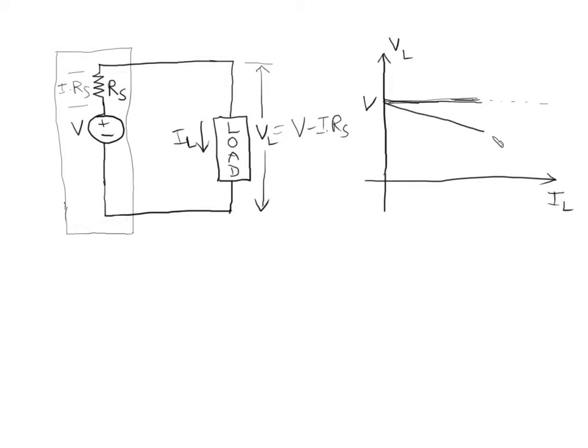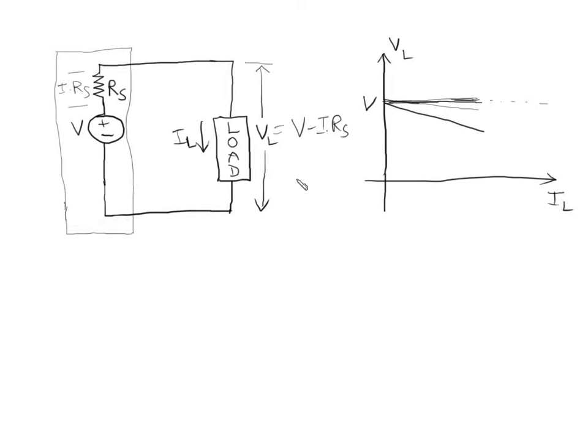As you keep increasing your current, the drop I into Rs keeps increasing, and so the voltage supplied by the whole practical voltage source keeps dropping. And the slope of this line, of course, depends on the value of the series resistance. If the series resistance is larger, it will drop down faster. If it is small, then you would see a slower reduction in voltage as you increase the current.